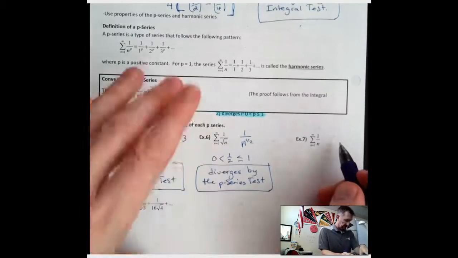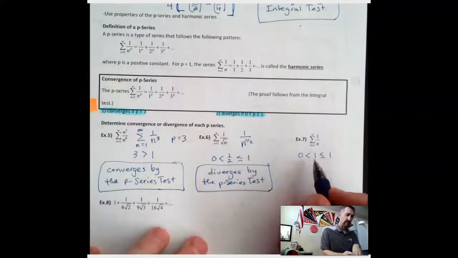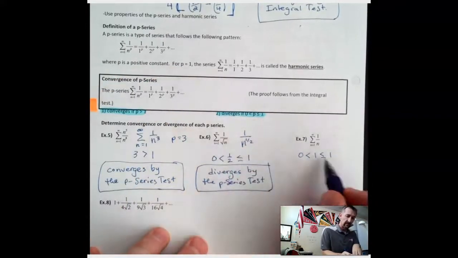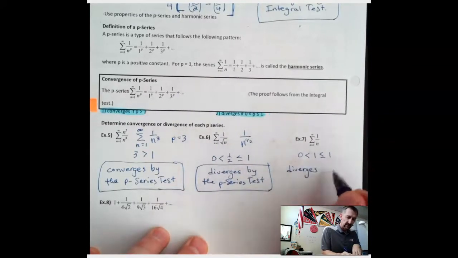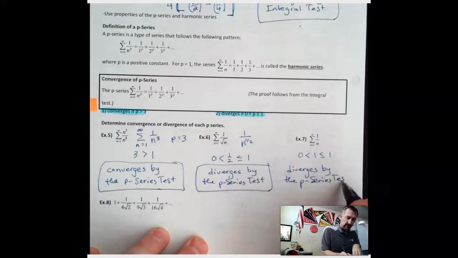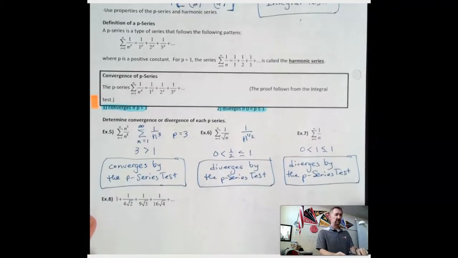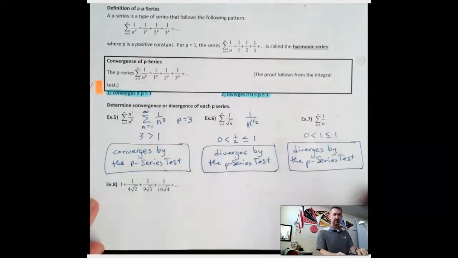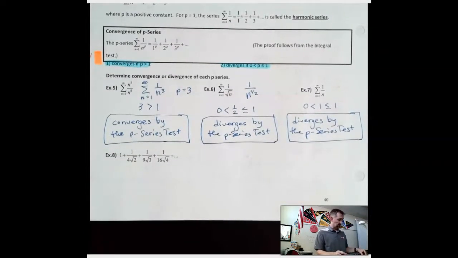And over here, that's 1. 1 is in between there, including 1, so that diverges. So this is nice and quick by the p-series test. It's important you memorize these tests. We're going to have more. So we have the infinite geometric series, and then we have the integral test and the p-series test. We're going to have a couple more, several more.